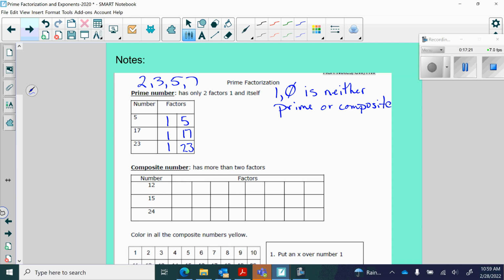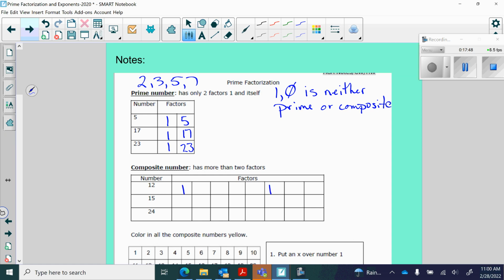Okay, now let's talk about composite numbers. For a composite number, it means there are more than 2 factors. Could be 3 factors, it could be 4 factors, it could be a lot of factors. So let's look at some numbers. 12, what numbers could I multiply to get 12? I'll give you guys a hint. You should always start with 1. So 1 times what is 12? 12.